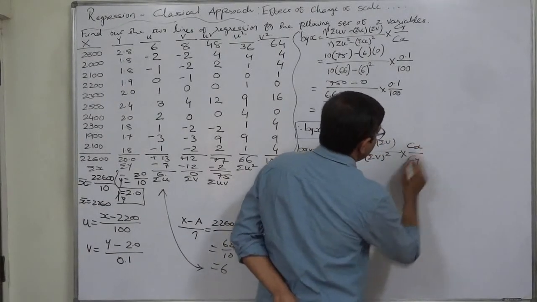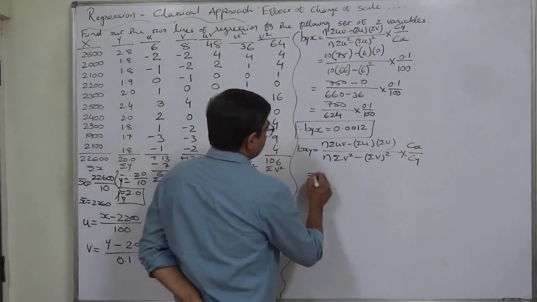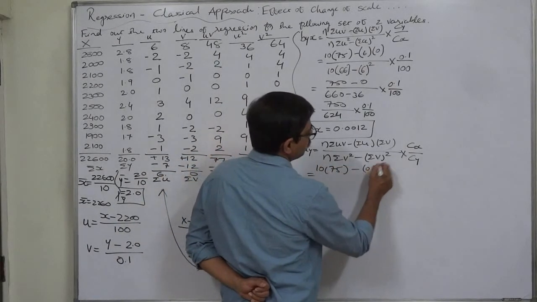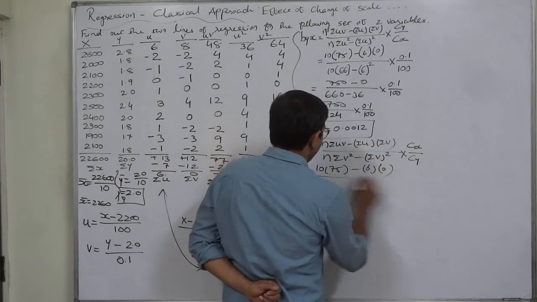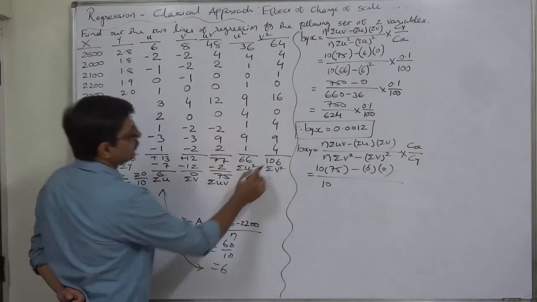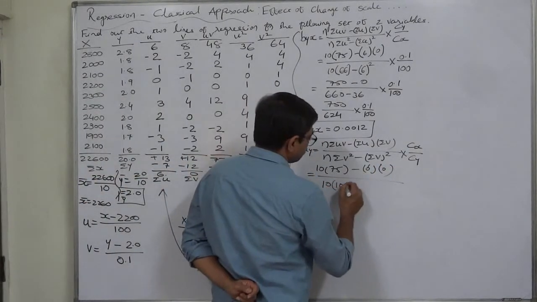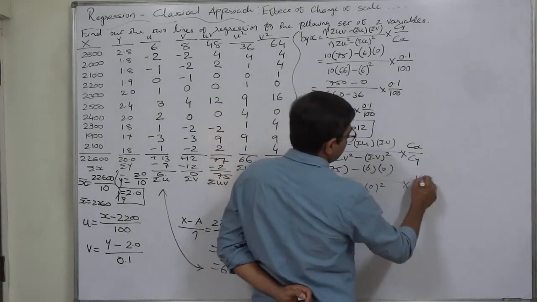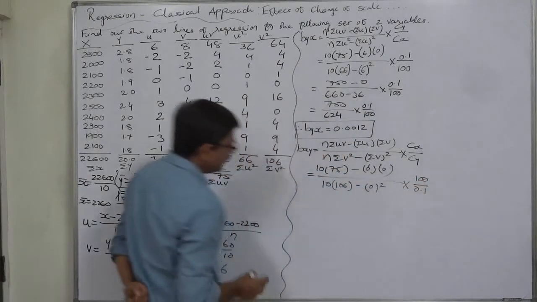So Cx will be in the numerator. Let us substitute the values: 10 into 75 minus 6 into 0 upon 10 into sigma v square is 106 minus 0 square, into Cx is 100, Cy is 0.1.